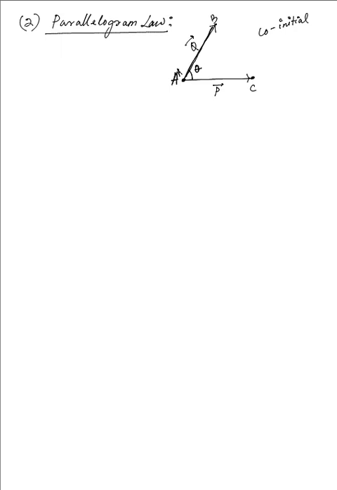Here they are initiating from a common point A. So if we have a pair of co-initiating vectors which are represented both in magnitude and direction by two adjacent sides of a parallelogram, then, as I said, because equal vectors can be represented by the same magnitude and the same direction, AC can be represented along the line BD, suppose BD.